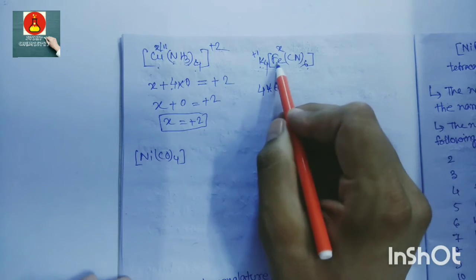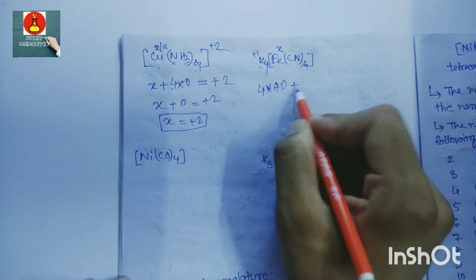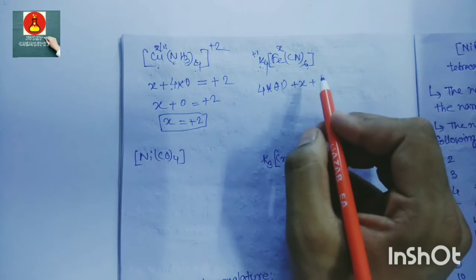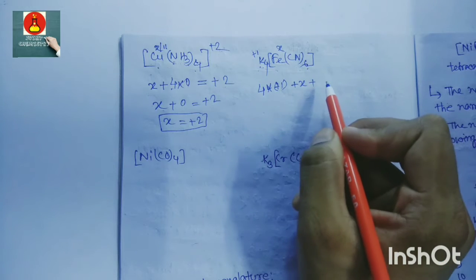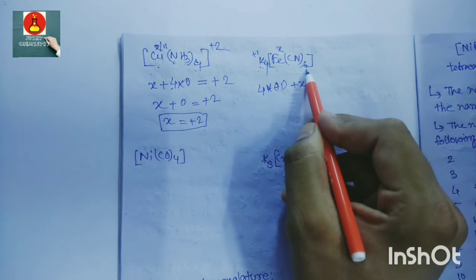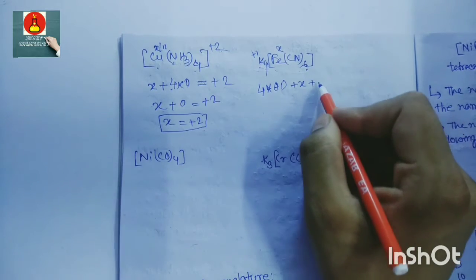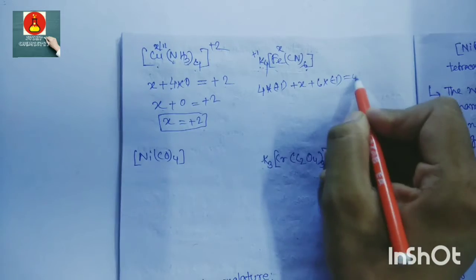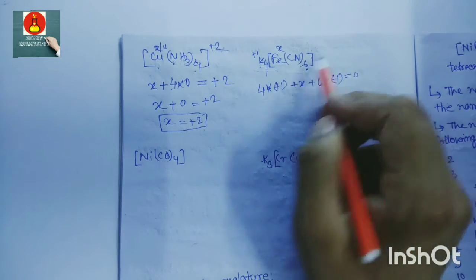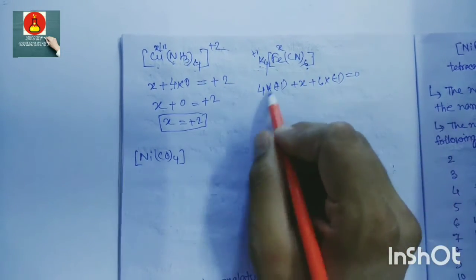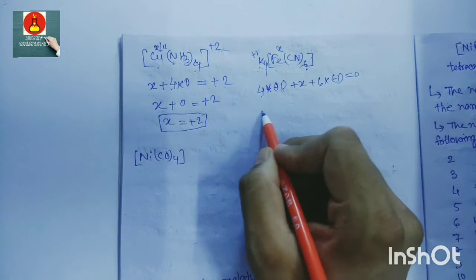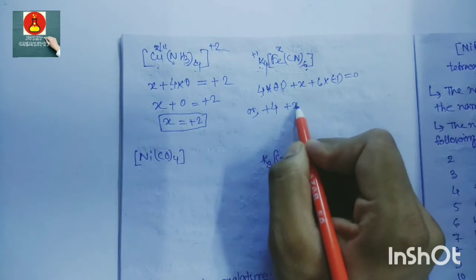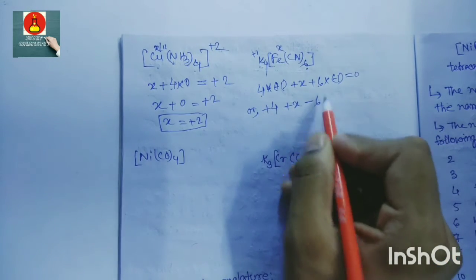Now for Fe, we have to calculate it. So let's say it is X, and this is cyanide, which is an anionic ligand. An anionic ligand contributes -1 charge. There are a total of 6 anionic ligands, 6 cyanides, so there will be 6 into -1, equal to 0, because there is no charge outside of this complex, because this is a neutral complex. For this we can say 4 into +1 is equal to +4, right? Plus x plus 6 into -1, because they are -1.